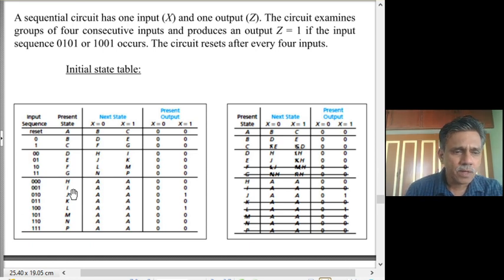Well, now, are there any other states which are equivalent to H?